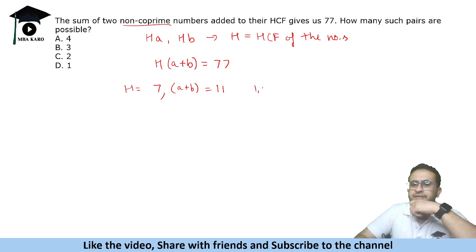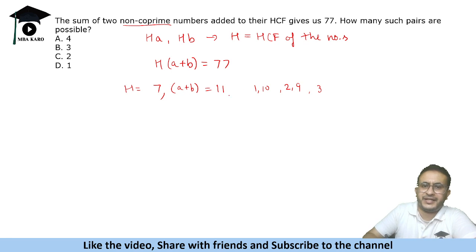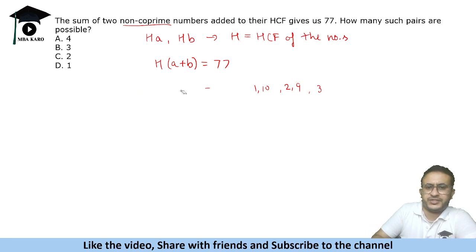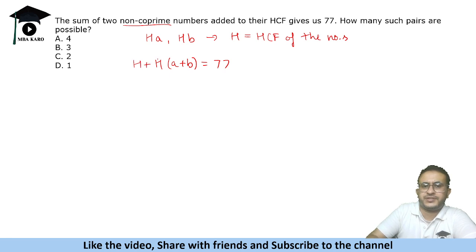So we can get 1 and 10. Okay, we can get 2 and 9, 3 and, sorry, this is a mistake, which is not H of A plus B. We have to add H, because the sum is numbers added to their HCF.